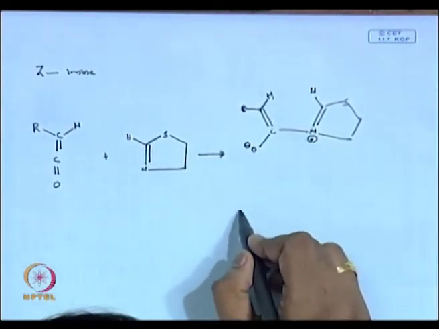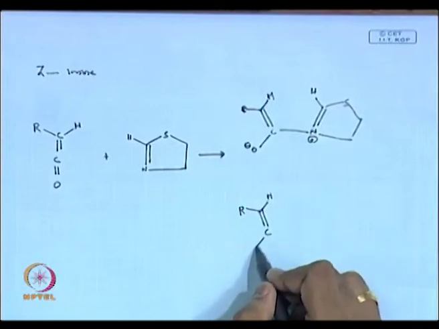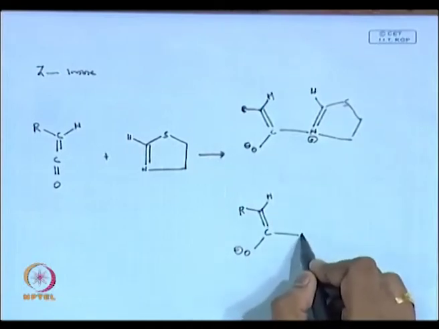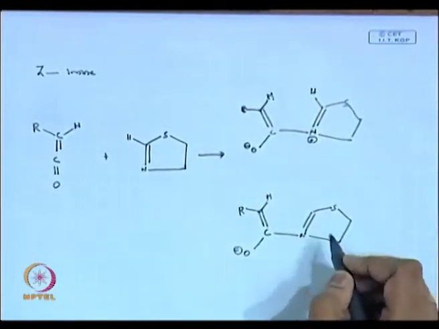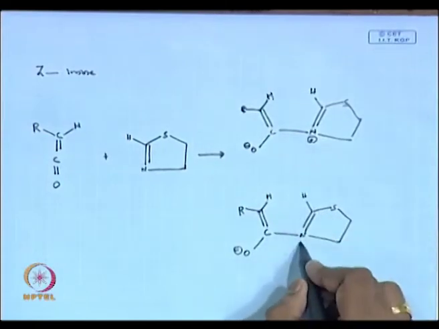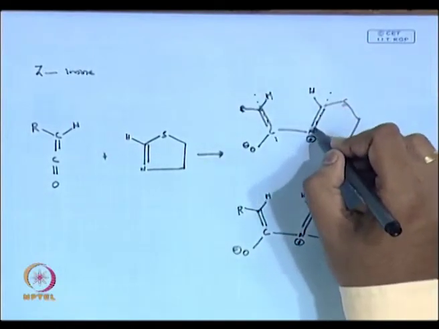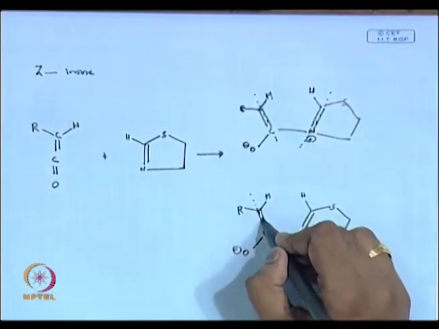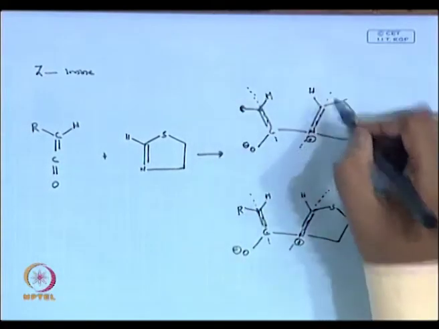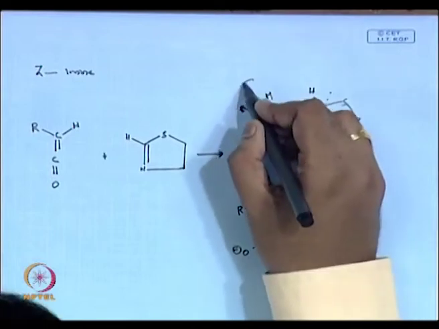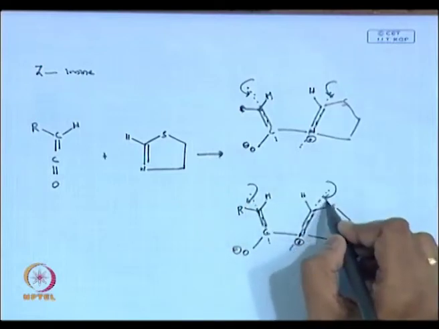I can draw it and say R, H, O minus. In the same way, you can make your conrotatory closure clockwise, or you can think about making it counterclockwise.